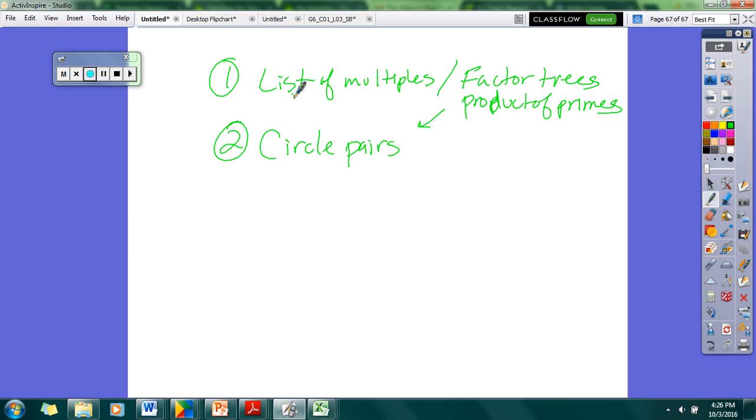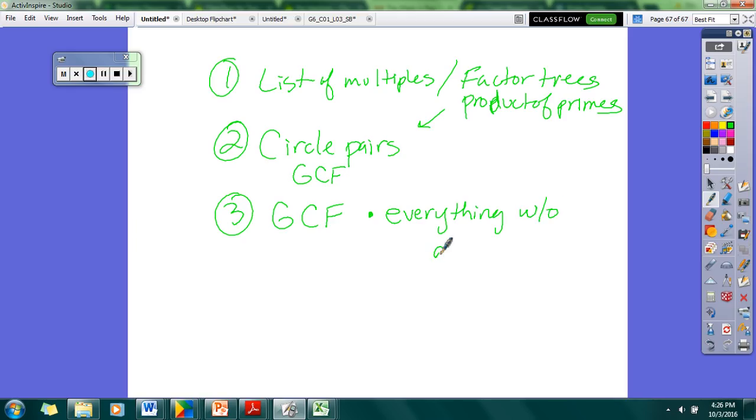Here you just circle the common multiples. But if you're going to circle pairs, which is going to be the GCF, then you're going to take the GCF and multiply it by everything without a partner.